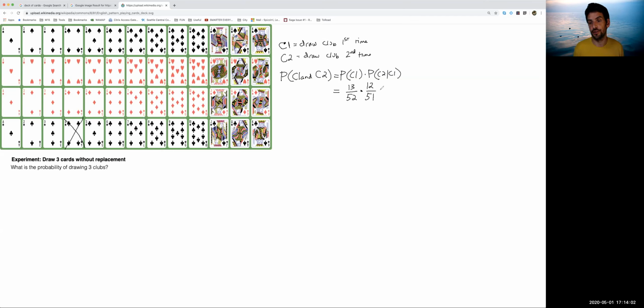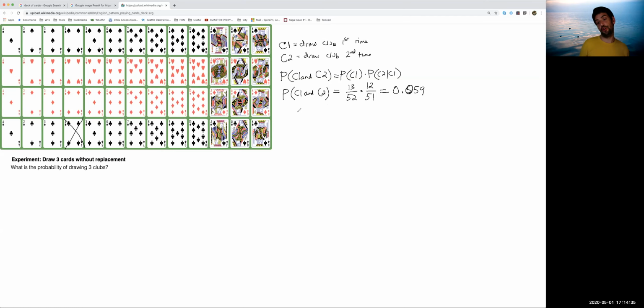And this works out to be 0.059. So the probability of picking a club first and second is approximately 0.059. We're doing a little bit of rounding here.